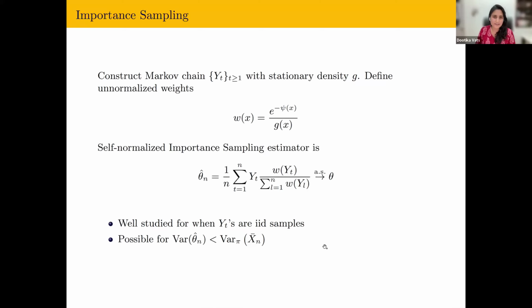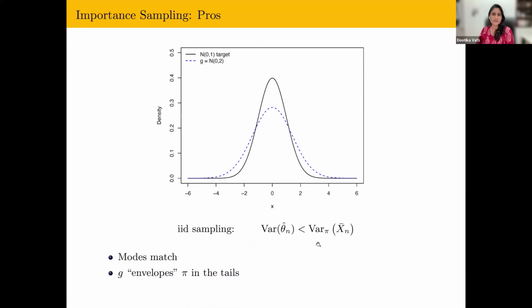So if I could highlight some instances of this. For example, if my target density is the Gaussian target density, and I employ an importance proposal G to be normal(0, 2), then under at least IID sampling, provably the variance of the importance sampling estimator is going to be smaller than the variance of good old-fashioned Monte Carlo.